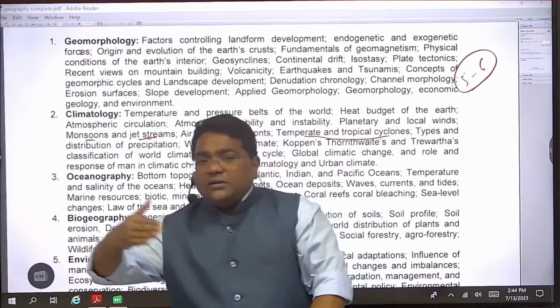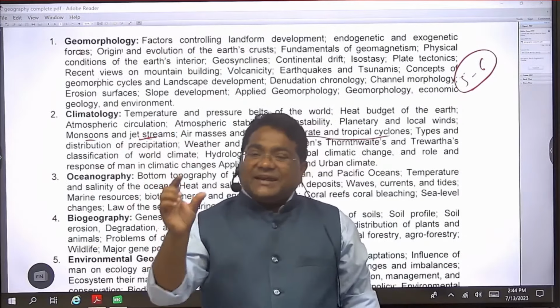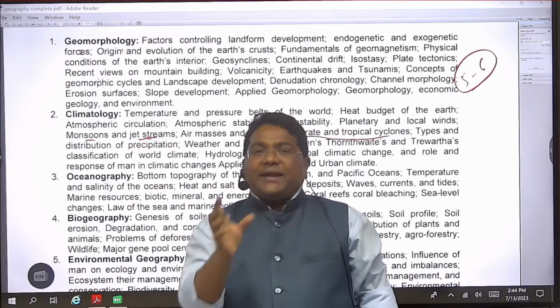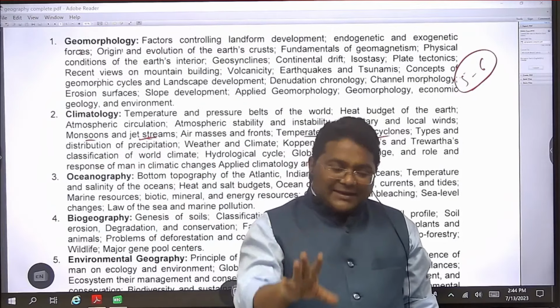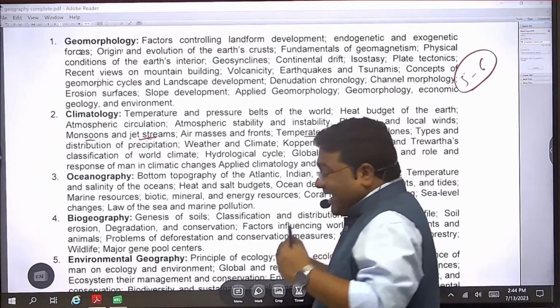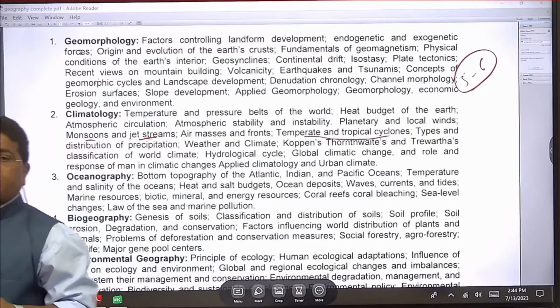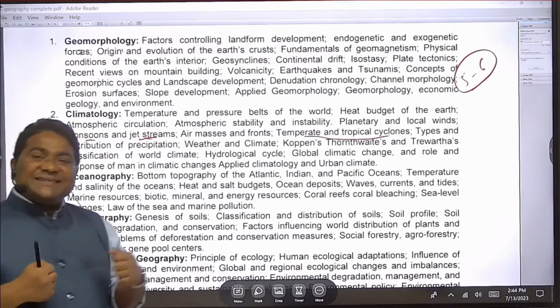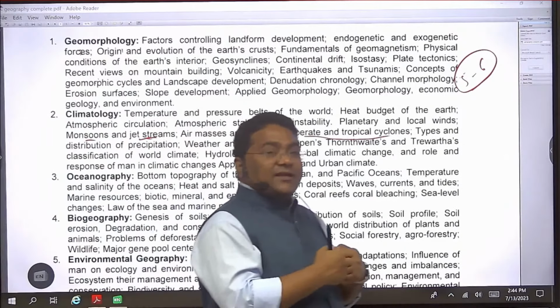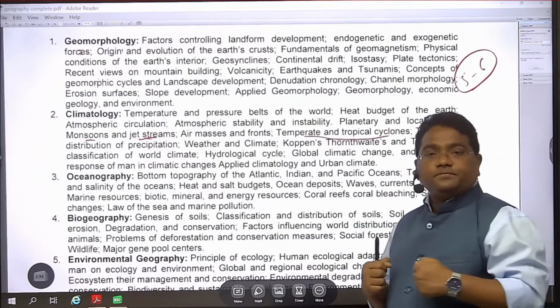So beyond the tropical region, up to 60 degree latitude, it is the temperate region. Temperate region is having low temperature where two contrasting air masses are converging. Two different contrasting air masses are converging. That's why temperate cyclones are being formed.